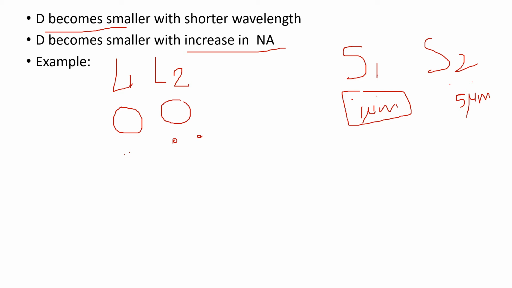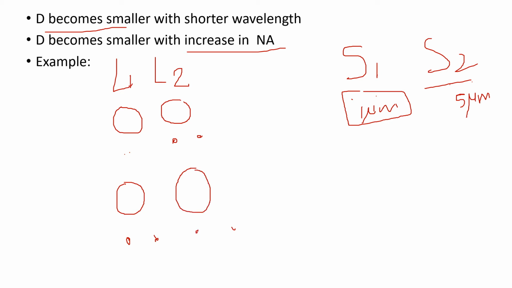Now let's take specimen 2 under lens 1. Here the distance between the two bacteria is 5 micrometers, and the two bacteria are clearly visible by lens 1. And when the same specimen is taken under lens 2, the bacteria are again clearly visible.